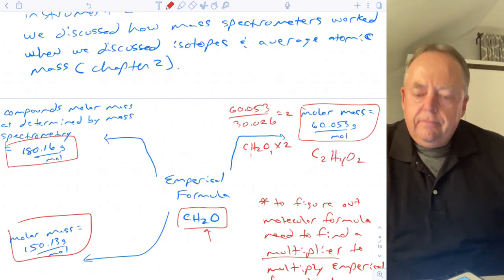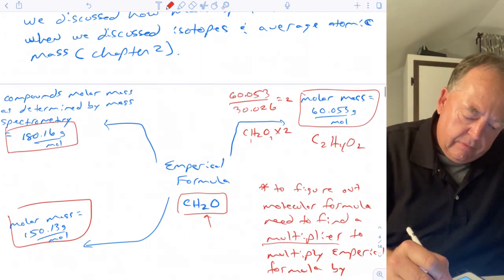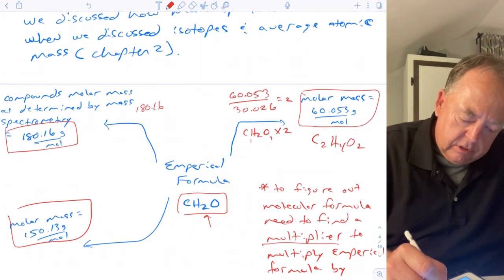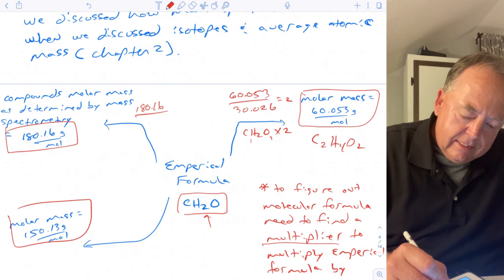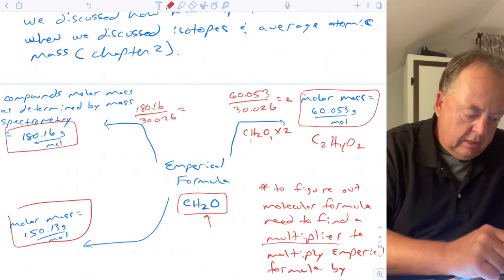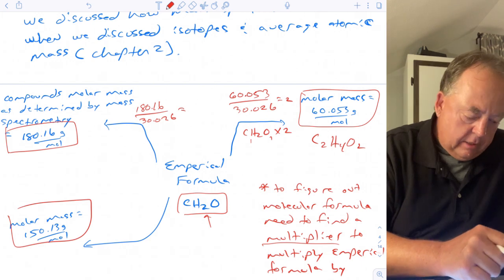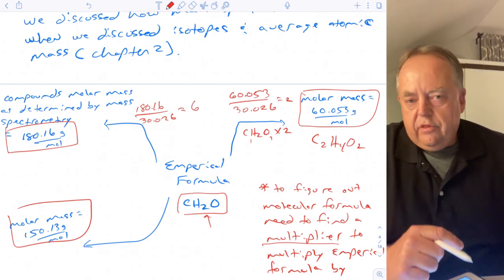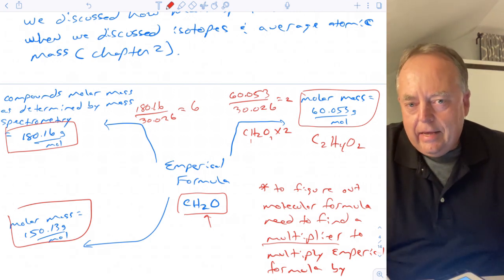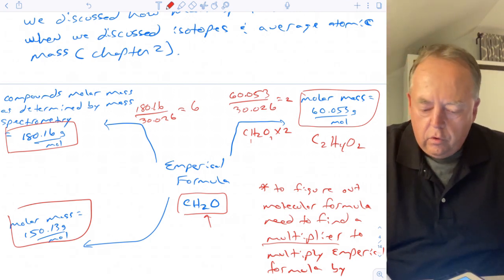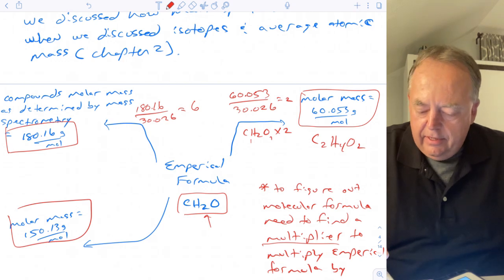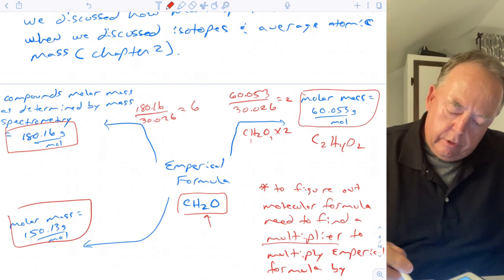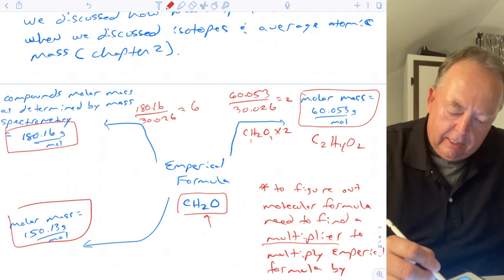C2H4O2, right? If we did the same thing here, 180.16, the molar mass given, divided by the empirical mass, 30.026, is 6. So whatever this molecule is, it weighs 6 times as much as the empirical formula. The only way for that to be is for all of the atoms to be multiplied, so we take the subscripts and multiply them all by 6.